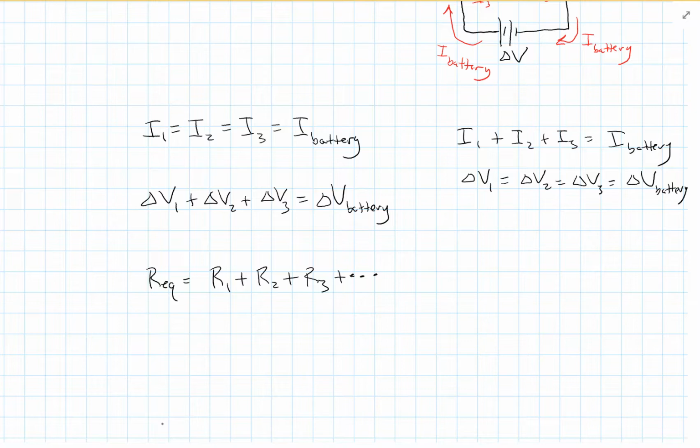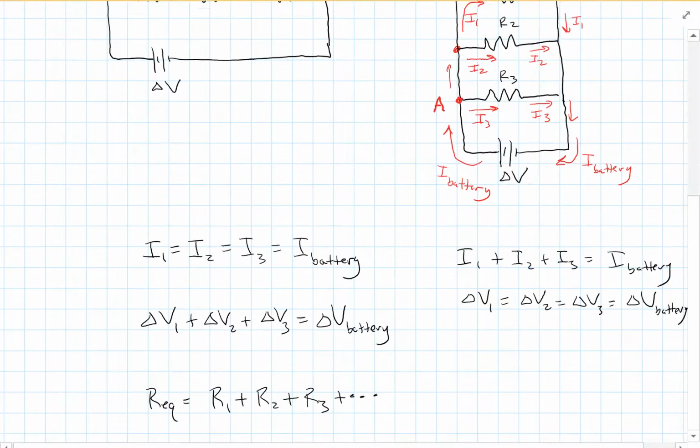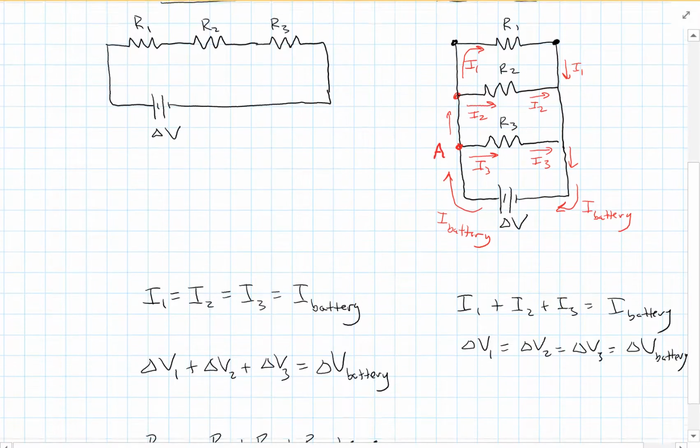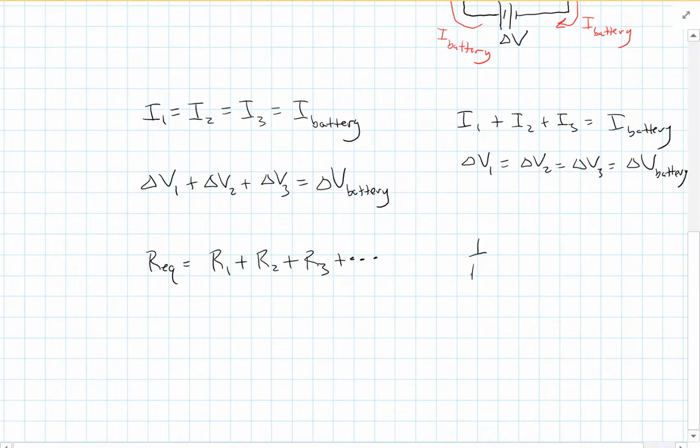And if we were to do the same thing for these resistors in parallel, we would have to do it this way. 1 over R equivalent, 1 over R1, plus 1 over R2, and we can keep adding them here.